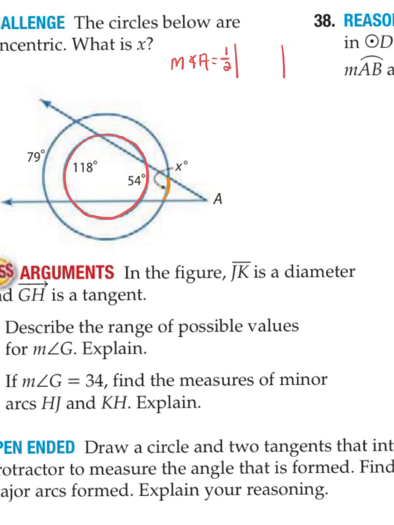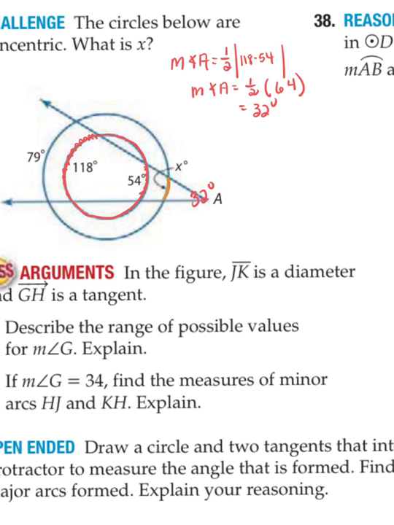Well, the two arcs are a 118-degree arc and a 54-degree arc. So I've got all the values that I need to find the measure of angle A. So let's go ahead and do the arithmetic. So we know that angle A is 32 degrees.